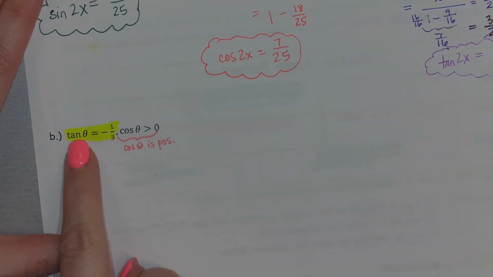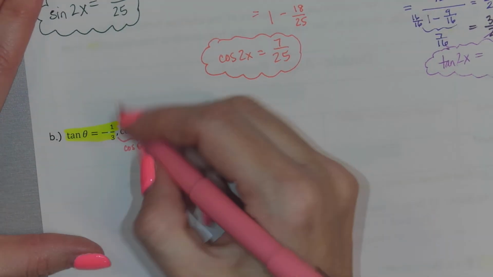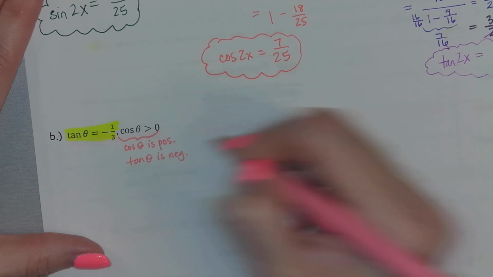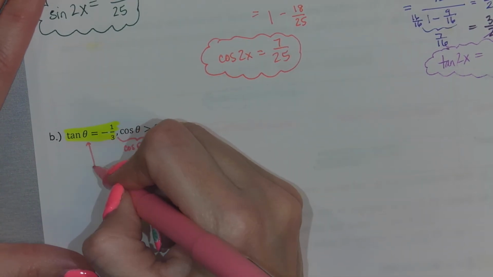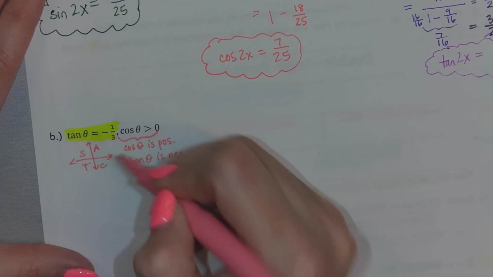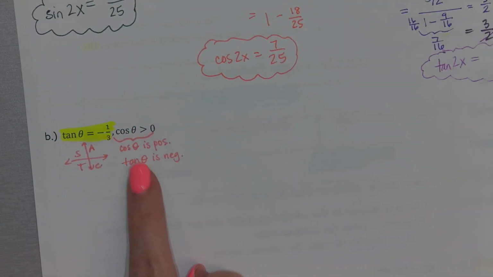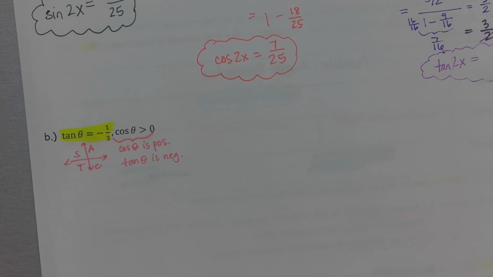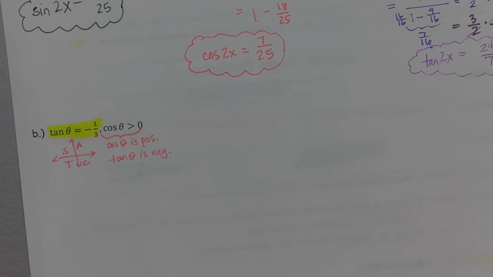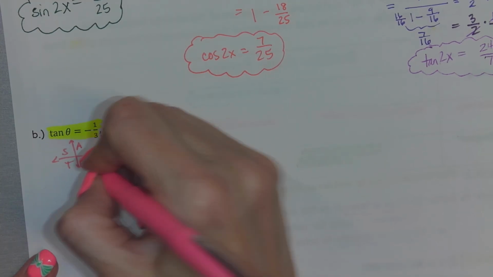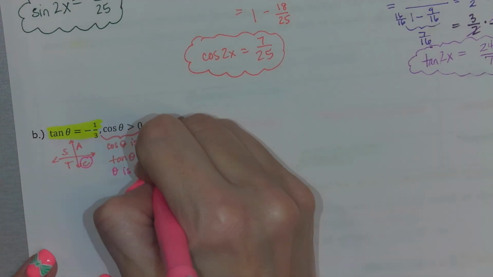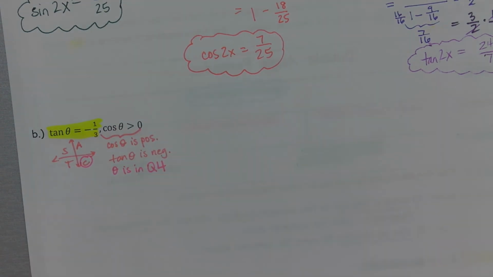So your cosine is positive, your tangent is negative. We just have to think of that all students take classes. Okay, which quadrant has a positive cosine but a negative tangent? 4, great. Okay, because everything's positive in quadrant 1. Okay, so theta is in quadrant 4.